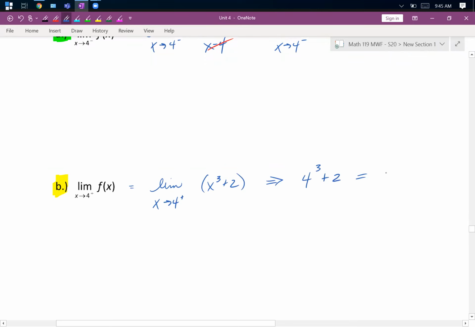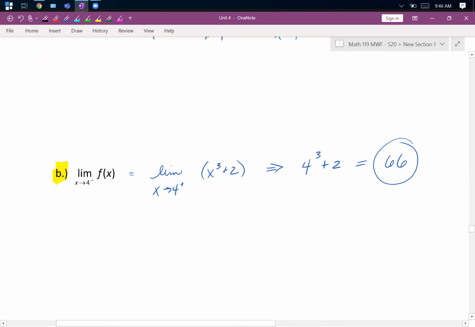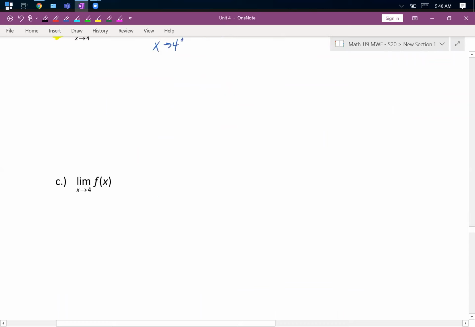And we're going to get 66. So we got 8 for the left, 66 for the right. What does that mean for our limit as x approaches 4? Well, it does not exist, because our left and right side limits didn't match.